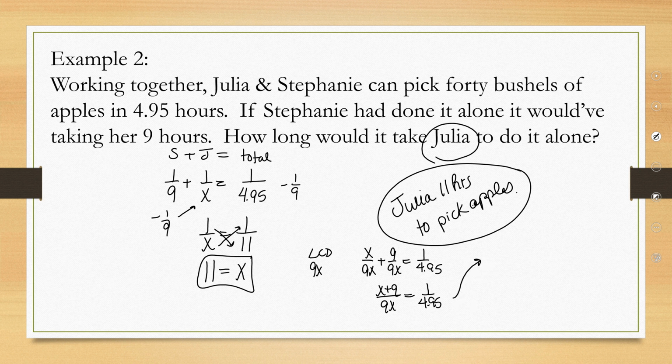And then you would cross multiply again, and you would continue to work through the process, and it would give you the exact same answer when you go through and finish this problem all the way through. Okay, so that would just be another method in order for you to solve that example.